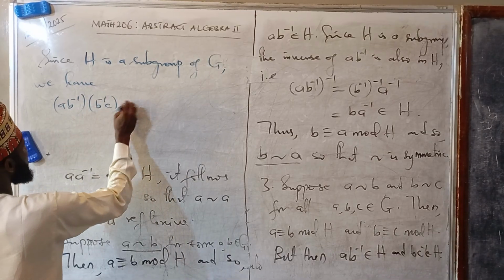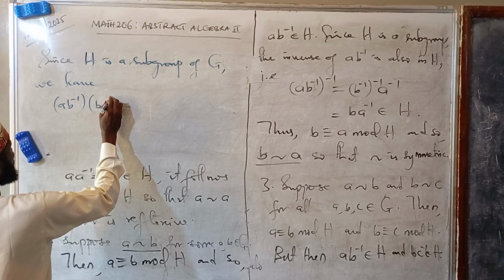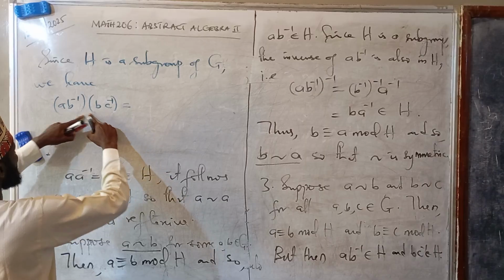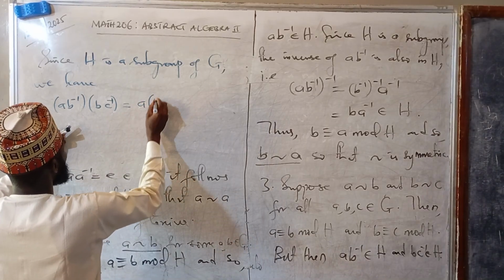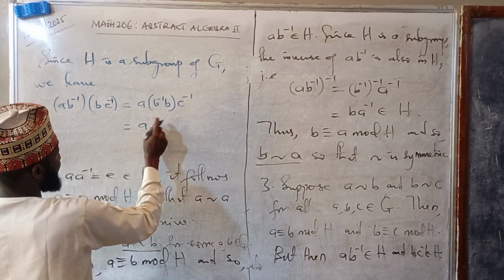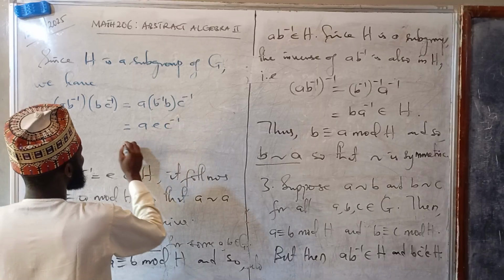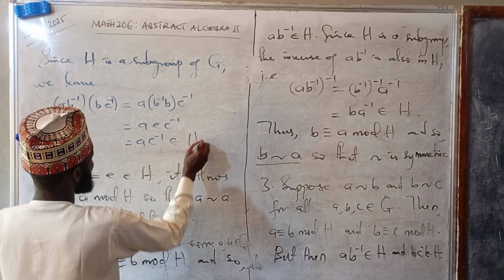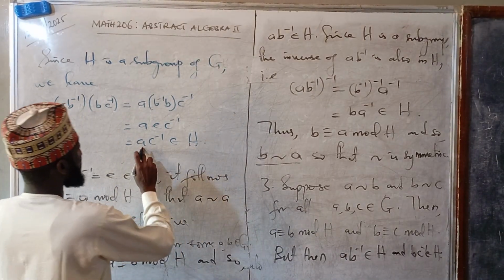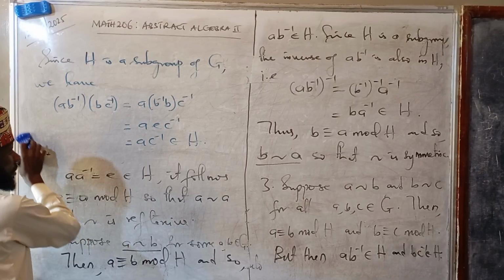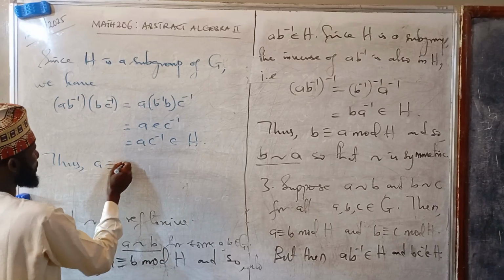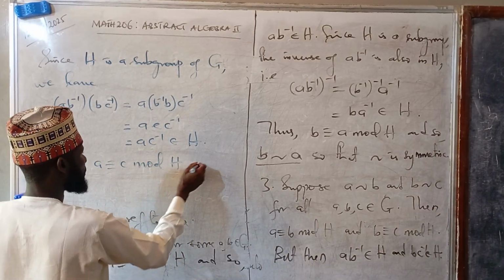B inverse times B is the identity, E being the identity of the group, and that leaves AC inverse. This must be in H by the closure property. And if this is in H, then A is congruent to C modulo the subgroup.